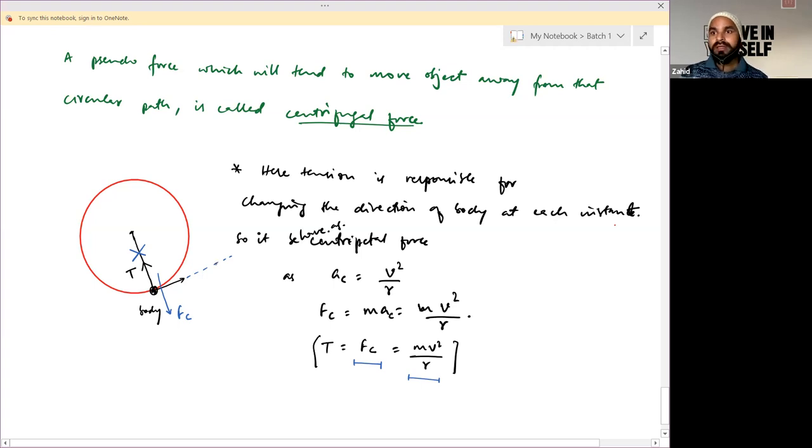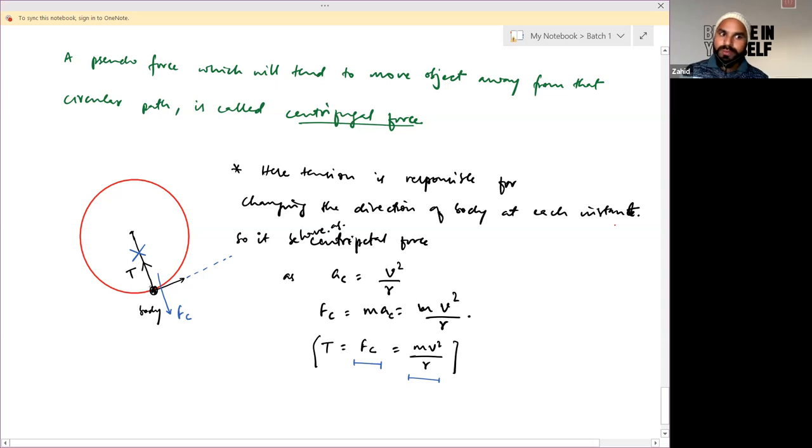You'll say at any instant it must be acted on by a pseudo force which tends to move this object away from the circular path due to its direction. That force is termed as centrifugal force.